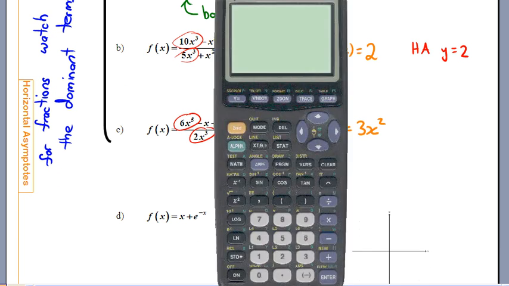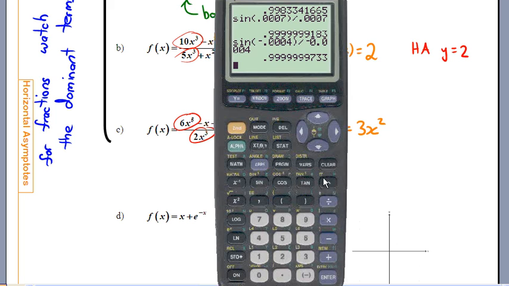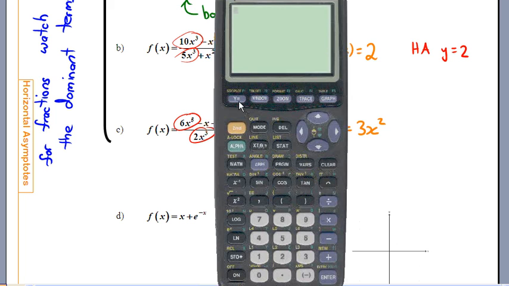Yeah, let's just try that one out. I don't know if this will work very well, but I'm going to give it a shot. I'm going to try graphing that original function, that messed up one there. Use some brackets here, 6x to the 5th minus an x plus a 1, that's my numerator, and then in the bottom 2x to the 3.